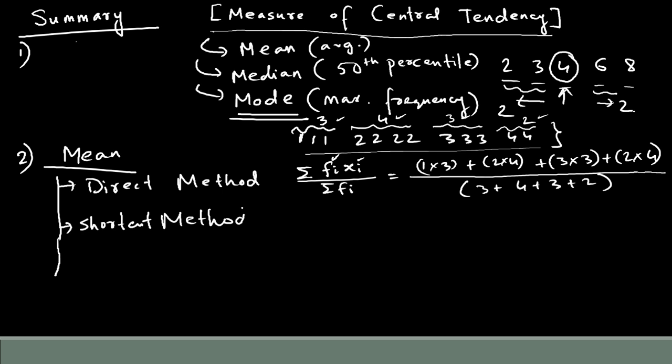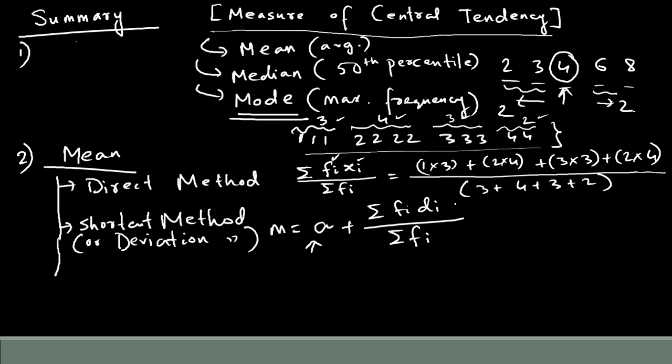By the shortcut method or deviation method, the way you will find the mean is, first you will assume a mean a, plus summation of fi di divided by summation of fi. di is how far the class mark is from your assumed mean, that is the deviation.